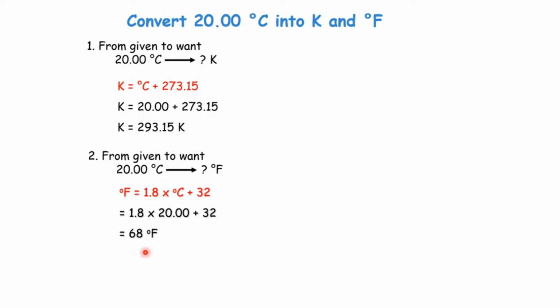So that's how you convert the temperatures. Therefore, 20 degrees Celsius is equivalent to 293 Kelvin or 68 Fahrenheit. So you have three different values, three different units, but we are talking about the same temperature.